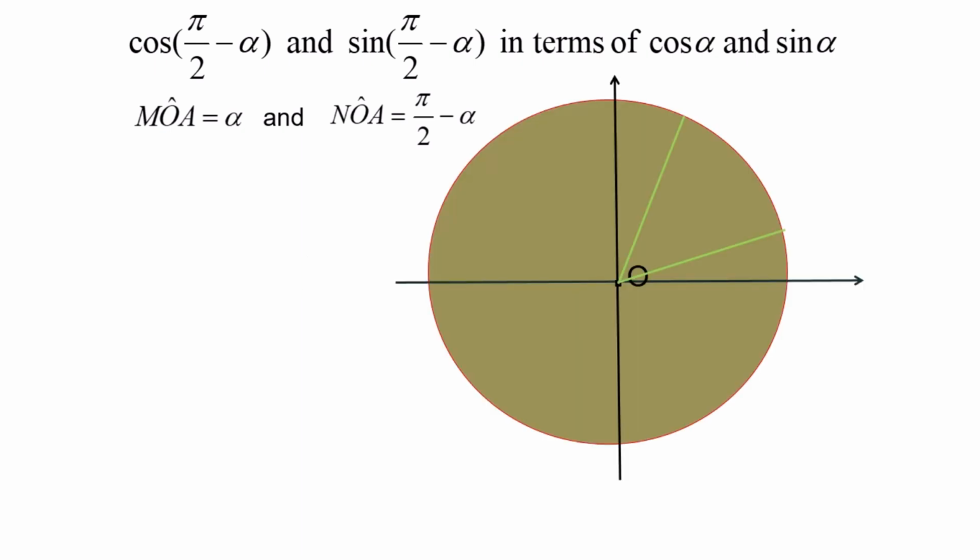This is the trigonometric circle. Then this angle is alpha. We delete alpha from here, then this arc is pi by 2 minus alpha.